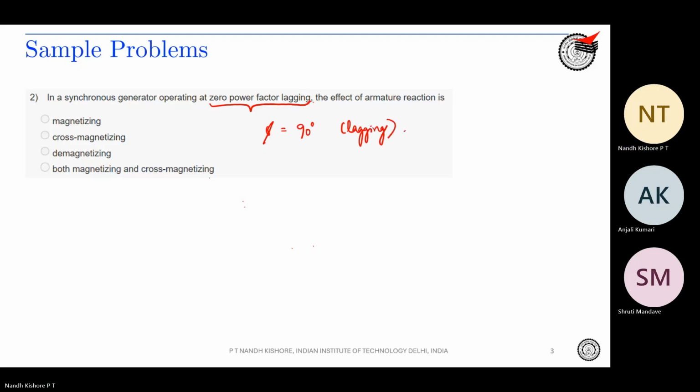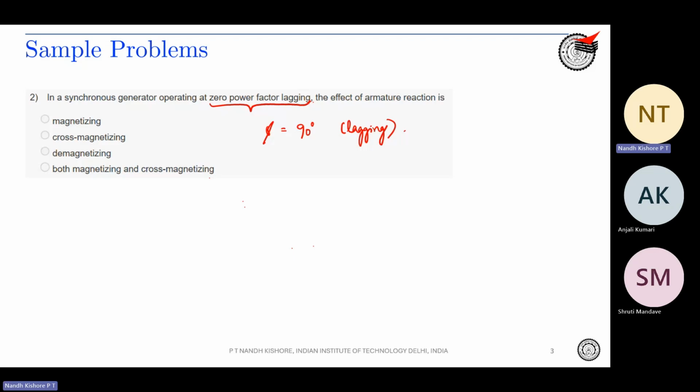So what would be the effect of armature reaction? What is armature reaction? Armature reaction is basically the effect of the magnetic field generated by the armature current or the winding current on the rotor field flux.